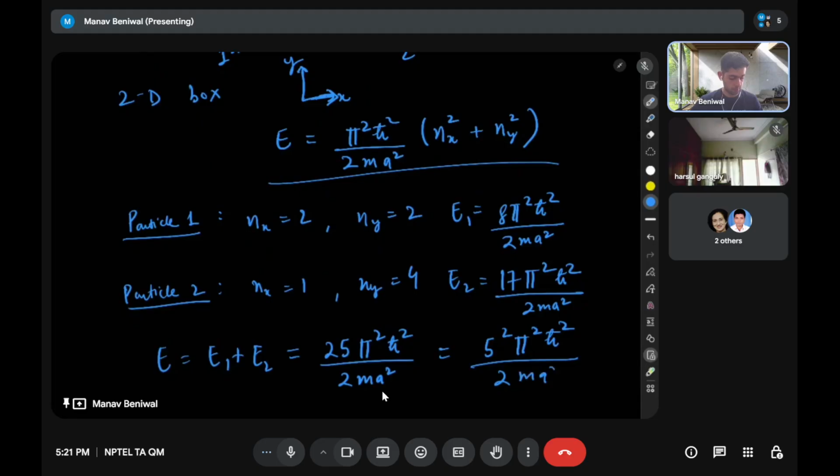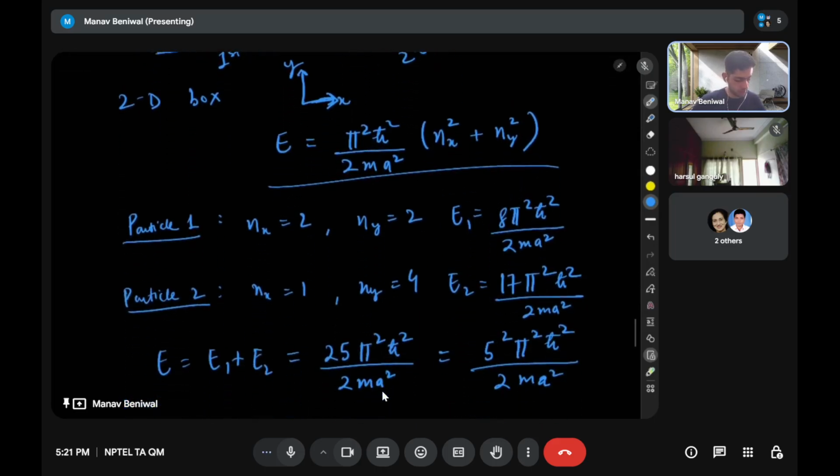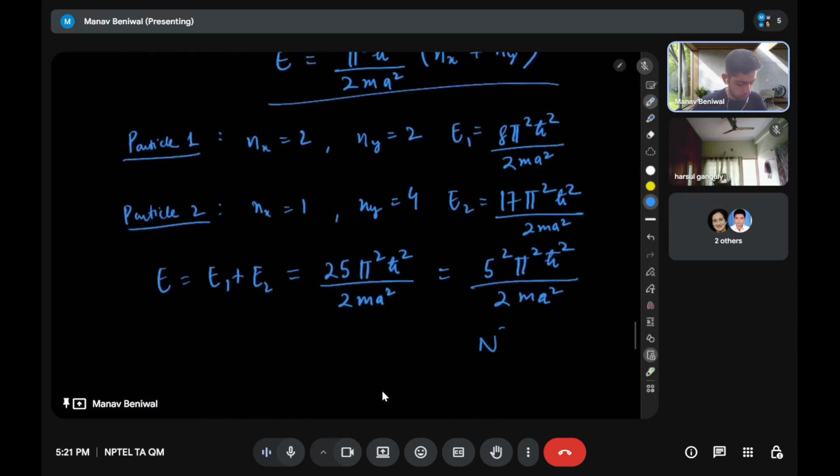Now if we compare with the energy of the system that is given, it is written in terms of capital N squared, and they want us to find the value of n. We can directly compare and see that n is 5.